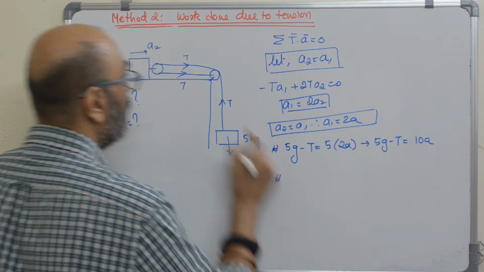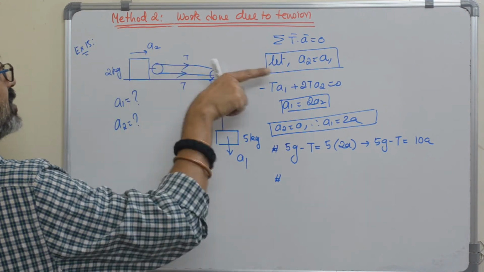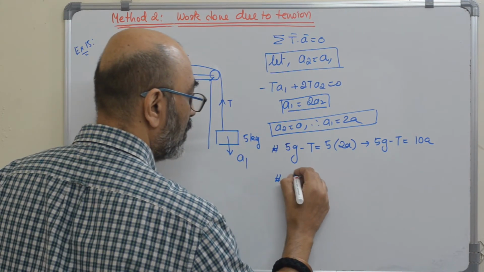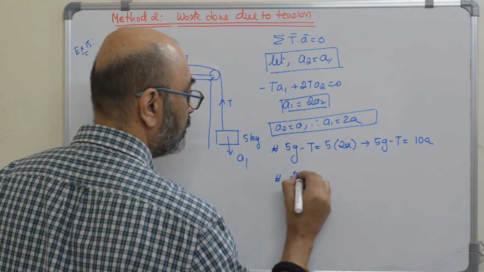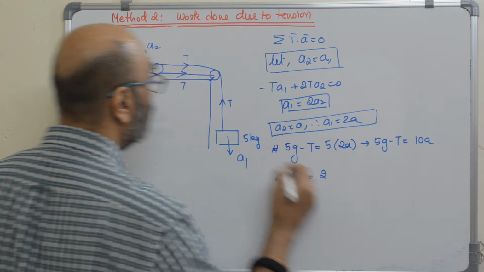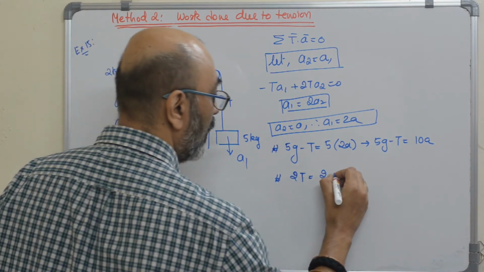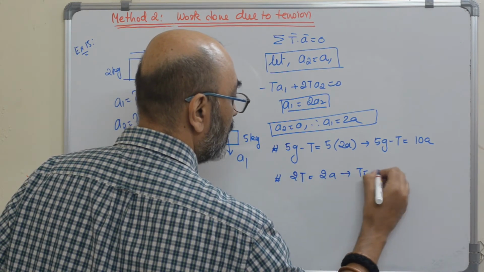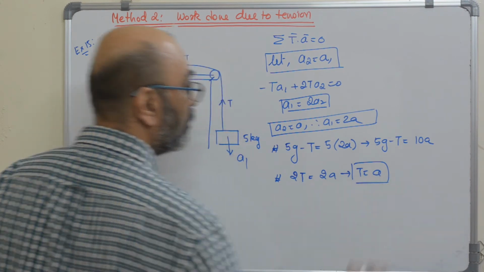Here what is there is 2T and the acceleration is in the same direction, so no issues, so we have 2T will be equal to 2 into acceleration A, so we have T as equal to A.